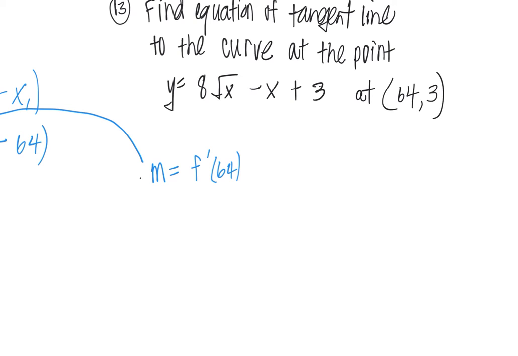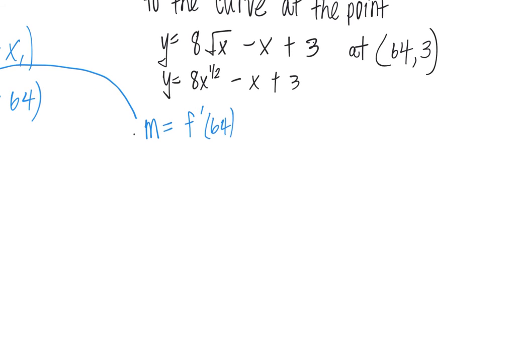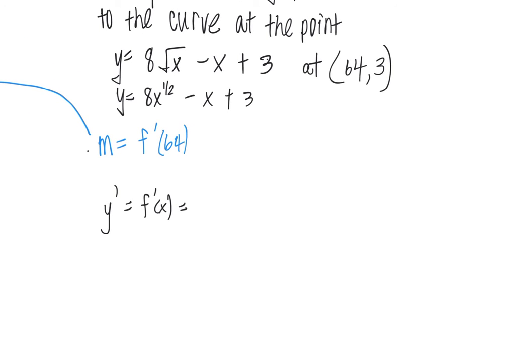To rewrite the curve though, I'm going to call that y equals 8x to the half minus x plus 3. Therefore, y prime, or f prime x, is 8 times a half, so 4, x to the power of n minus 1, so 1/2 minus 1 is negative 1/2, minus 1, and that's your derivative.